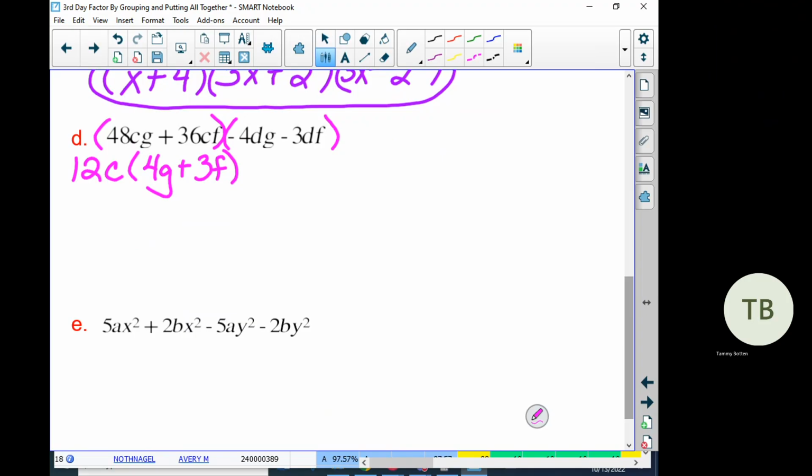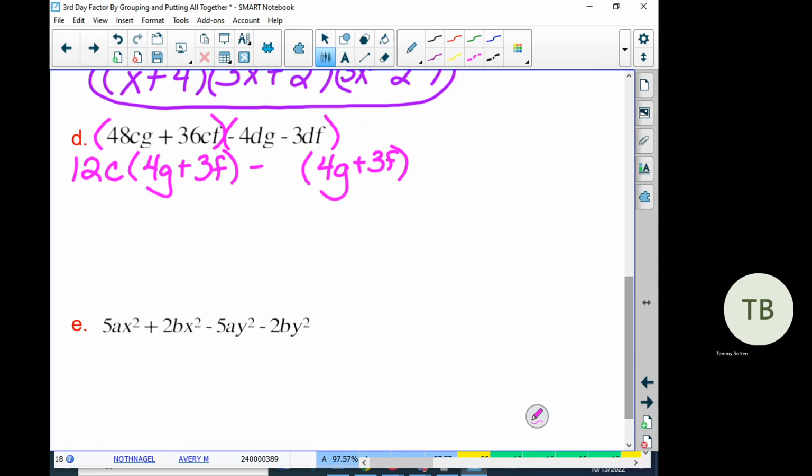Now again, because that third thing has a minus, I would put 4G plus 3F. And I have to decide what goes in front here. Notice I need a negative 4DG. So I have a positive 4 right now. So I know I have to take out a negative 1 because this times 4 has to give me a negative 4.